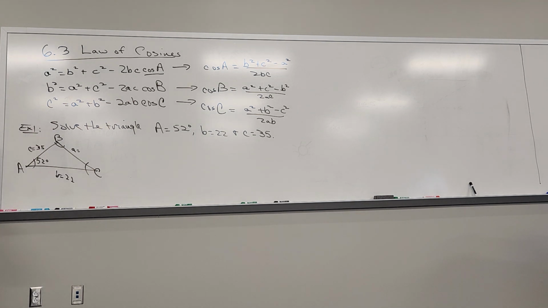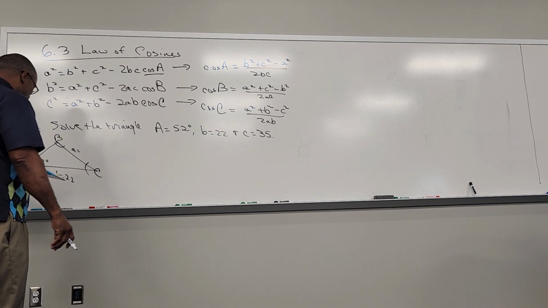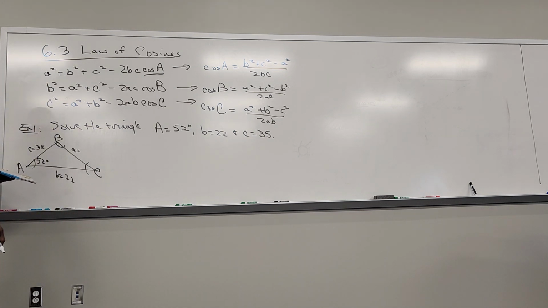We have to solve the triangle, which means we find all remaining sides and angles. They say we will always start by finding the length of the side opposite the known angle. I know this angle, so I'm going to find the length of that side.